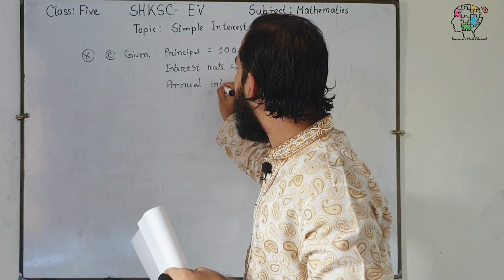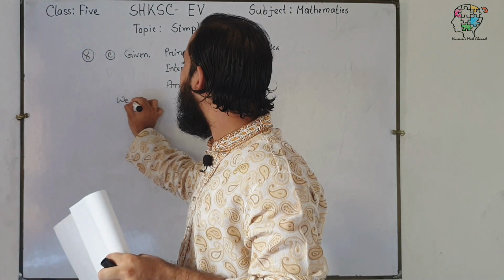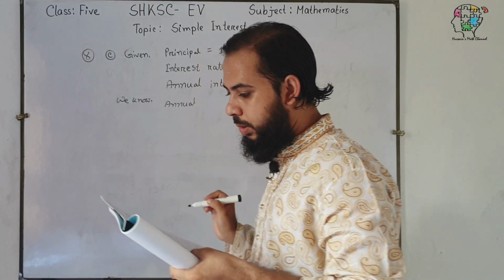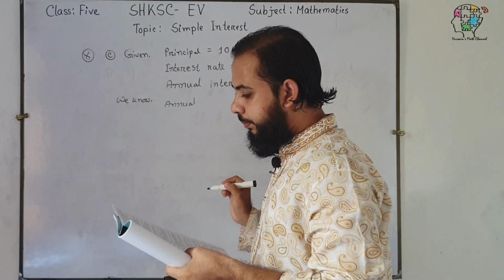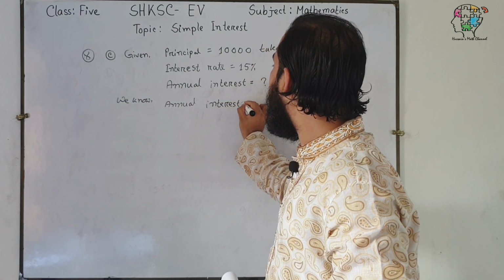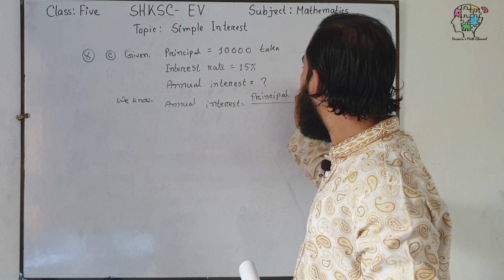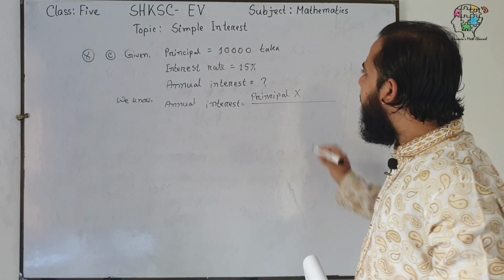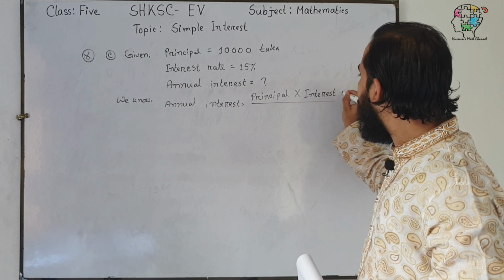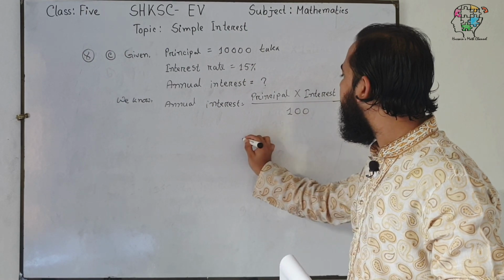Annual interest equal to what? So we know the formula already. We know annual interest is equal to principal times interest rate divided by 100.